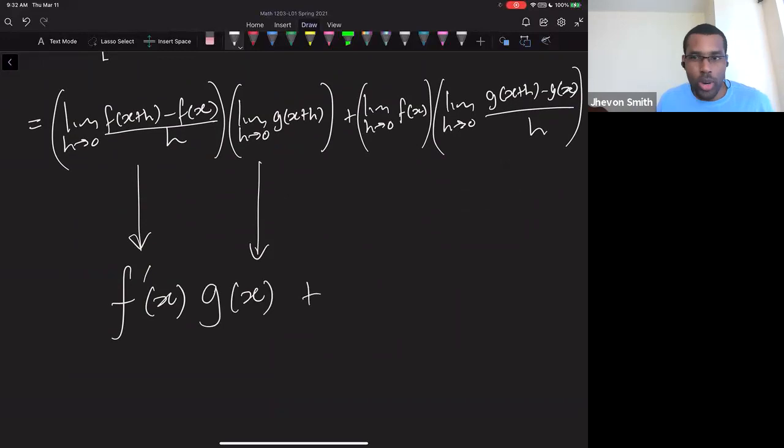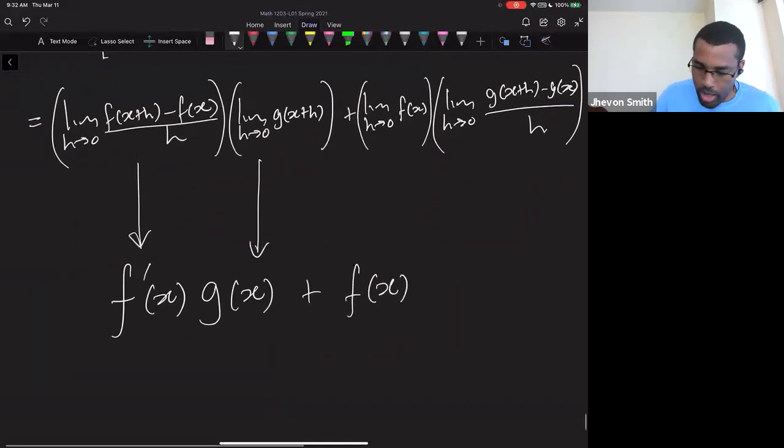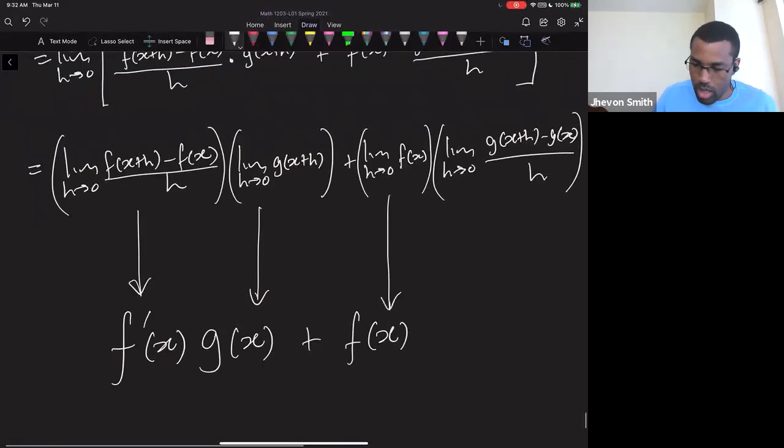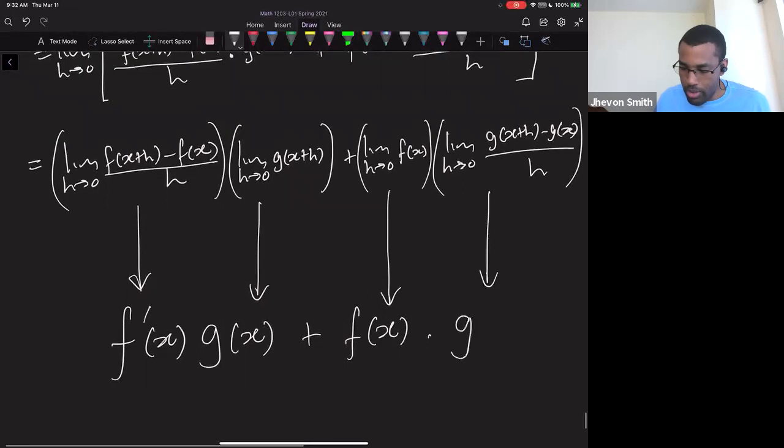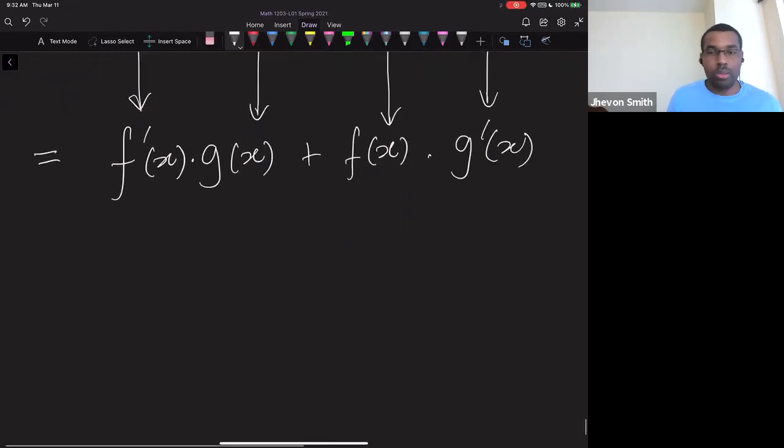What is this guy? As h approaches 0, g of x plus h goes to g of x, because I just plug in h equals 0. Plus, there's no h in the f of x, so that just stays. It's essentially a constant compared to the limit. And this one, again, is by definition the derivative of g. That is actually how we differentiate a product.